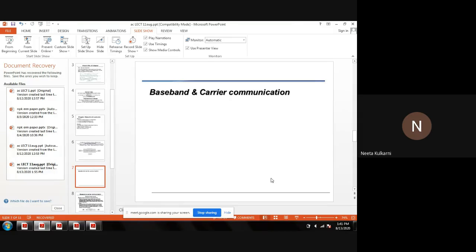Wait, Shivani. Akanksha. Yes, ma'am. Tell the example of baseband communication. Baseband communication means without modulation we transmit the signal as it is. That is called baseband communication. So what is the example? Tell one example.